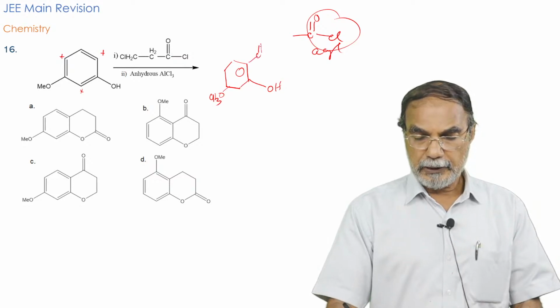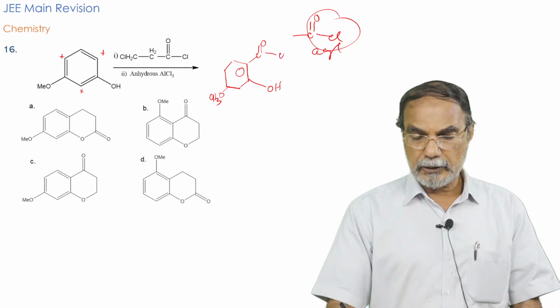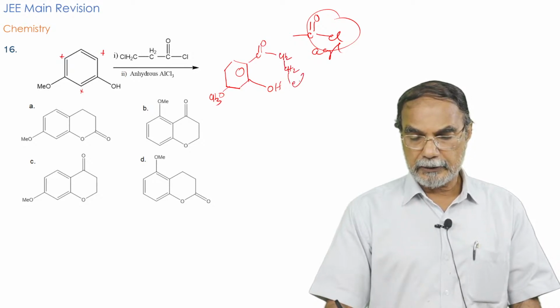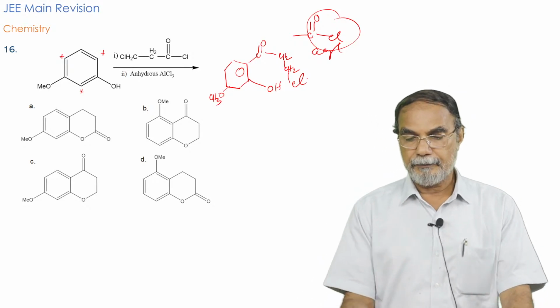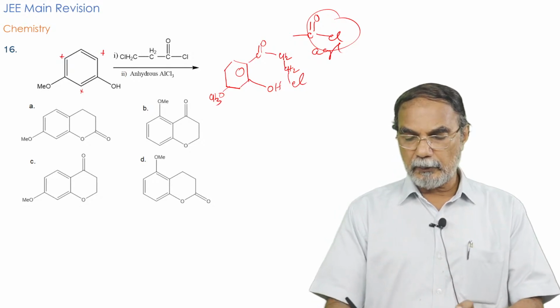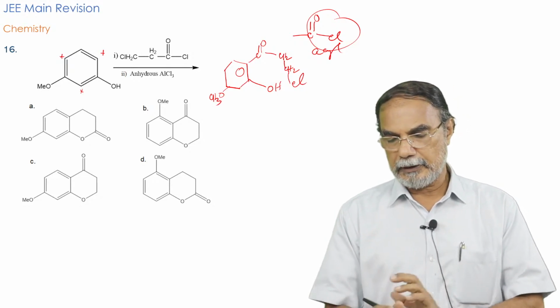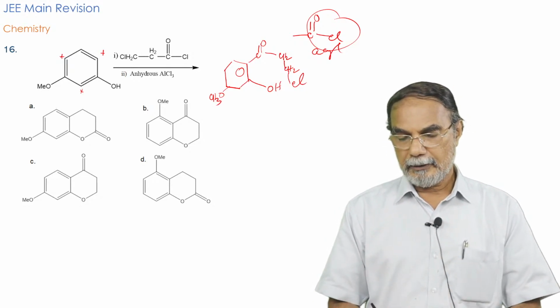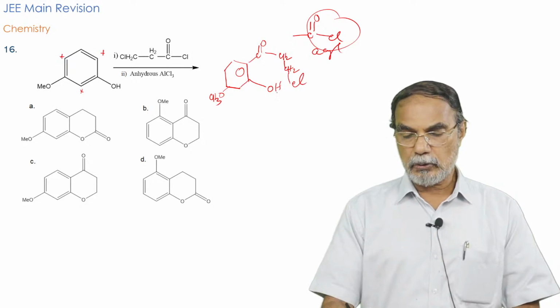You have a CO group, then CH2, then CH2, and then Cl.